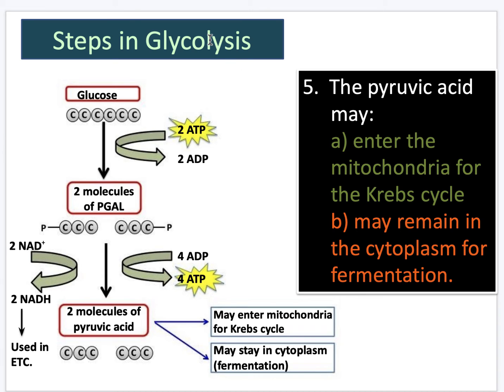Does not take any oxygen for glycolysis to occur. Glycolysis occurs in the cytoplasm. However, after the glucose has been broken down all the way down into the pyruvic acid, if there's oxygen present, it's going to go to the mitochondria. If there's not oxygen present, it will go and stay in the cytoplasm because glycolysis occurs in the cytoplasm.